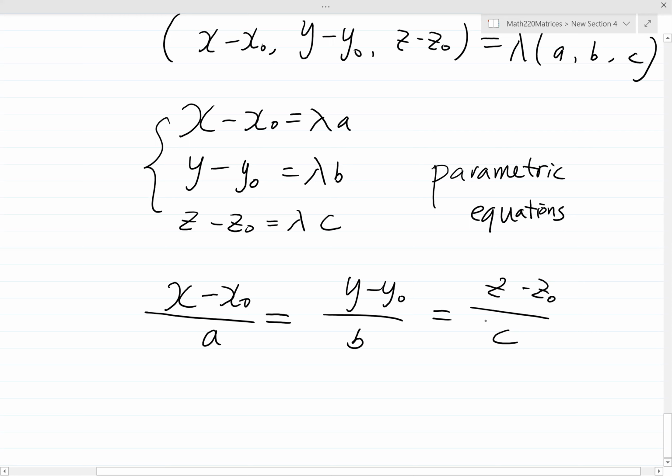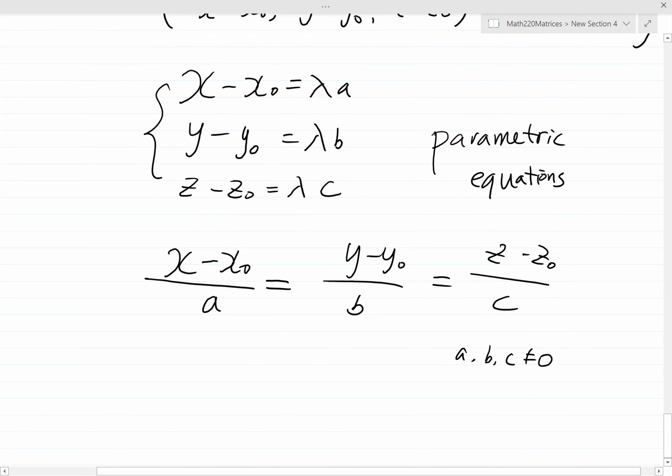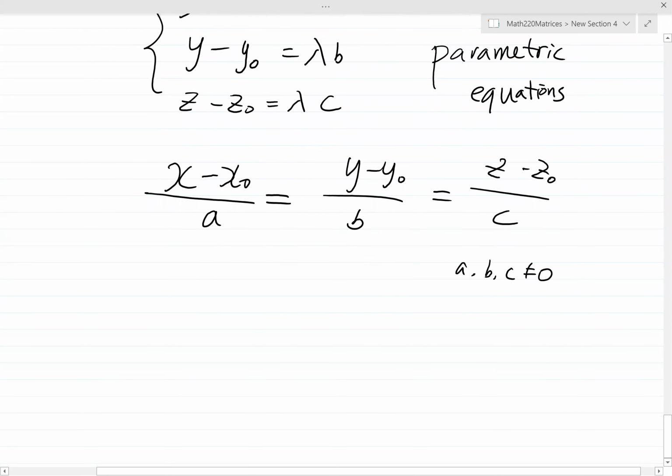Here we assume a, b, c are non-zero. If any of a, b, c is 0, then you can simplify that easily. It's not difficult.